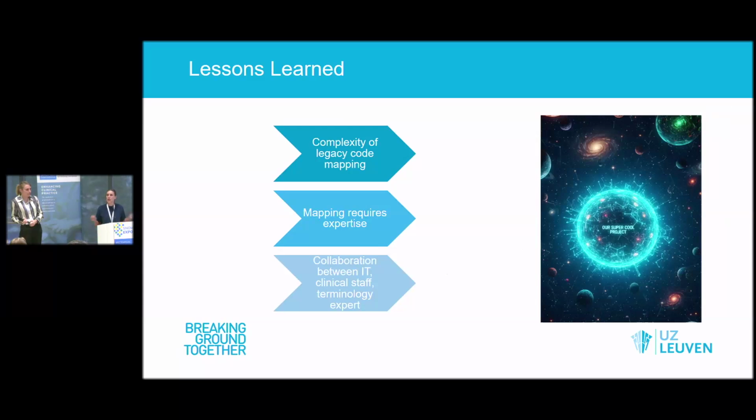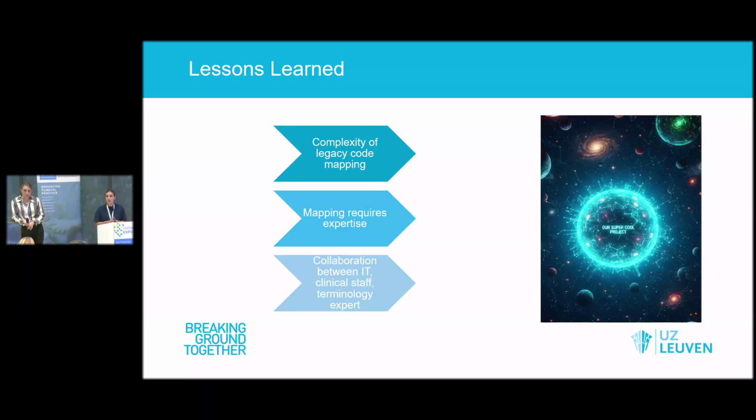This project is only a super little project in the big universe of projects in the FHIR and SNOMED worlds that exist. We have a complexity with our legacy codes. Yeah, legacy codes are what they are. We didn't want to interfere with our clinical workflows, so they are what they are. We have to make the best of it.